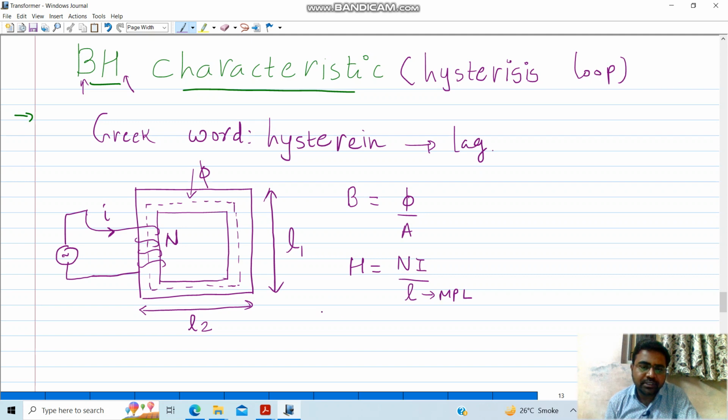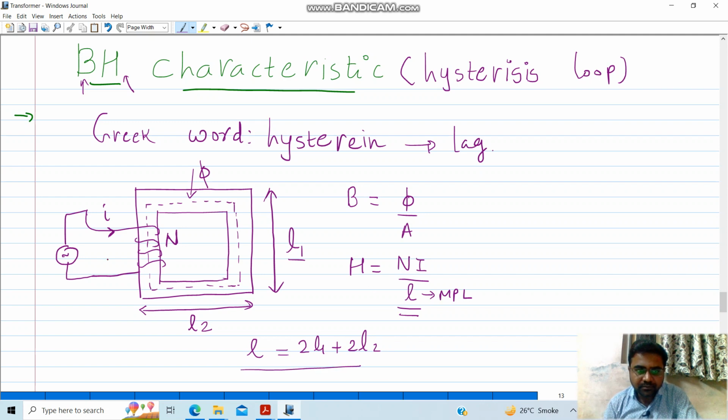Now in order to estimate this magnetic path length L, say for example we are using this core for the transformer, which has a height of L1 and a width of L2. So its total length would be 2 times L1 plus 2 times L2.